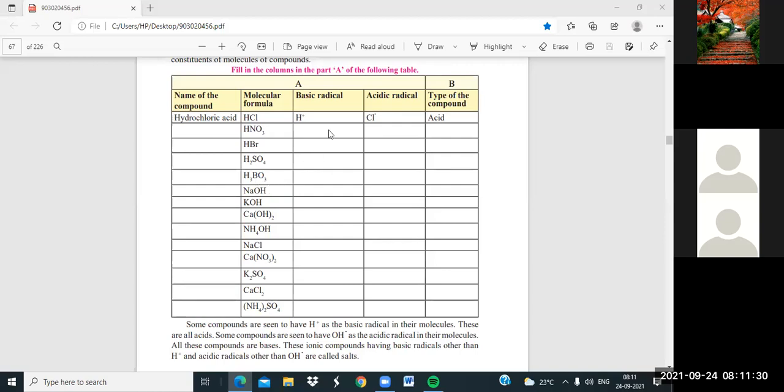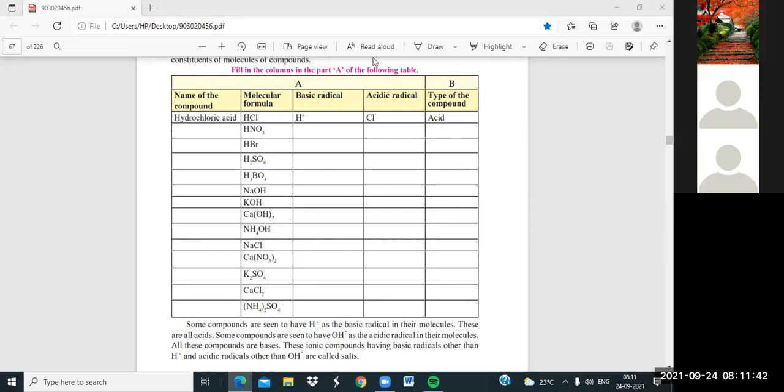Yes. Then next one, NaOH, sodium hydroxide, is very simple. Then KOH means potassium hydroxide, Ca(OH)2, calcium hydroxide, NH4OH. What is meant by NH4OH? Who will tell me? Ammonium hydroxide.